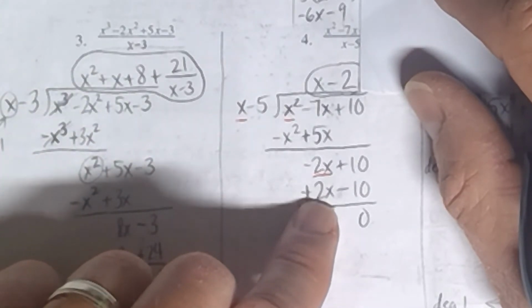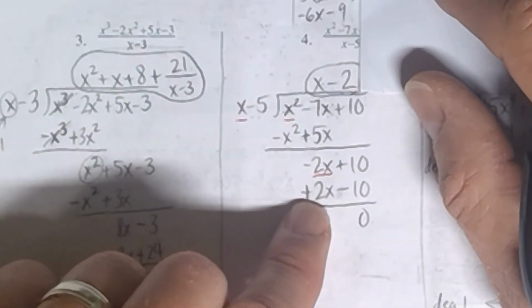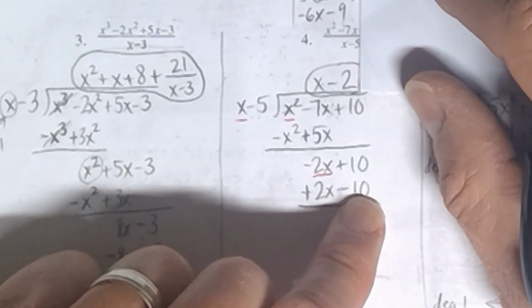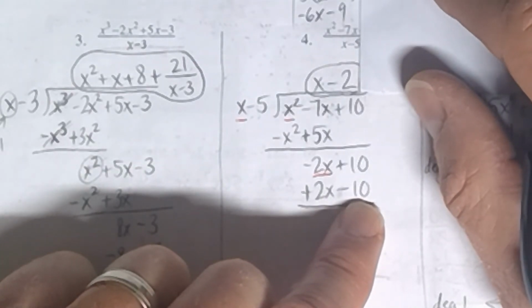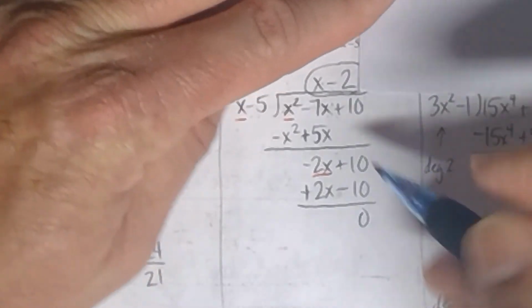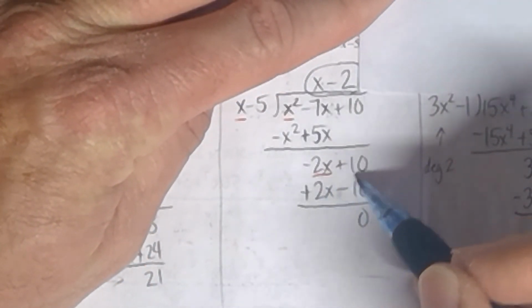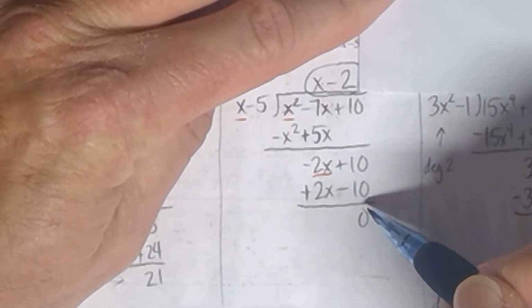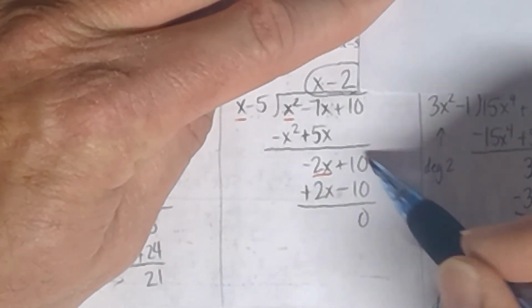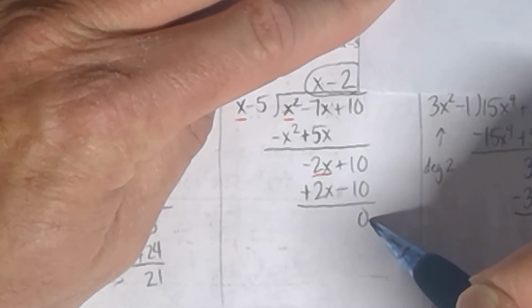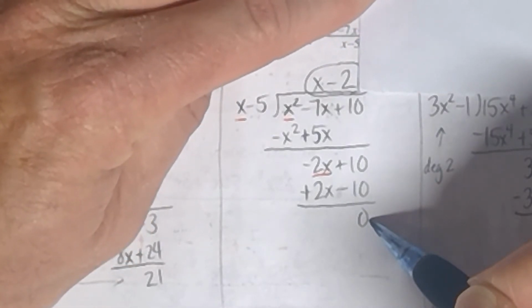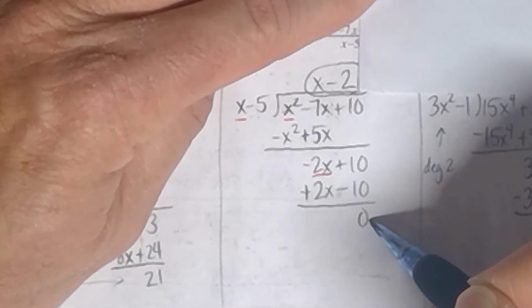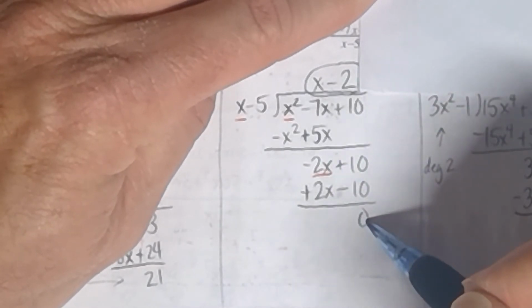But I change the signs of both of those terms in that answer, and I get positive 2x minus 10. What happens, though, when I combine like terms right here? Everything cancels, doesn't it? All 4 terms do, and when everything cancels while you're combining like terms, the answer is 0.